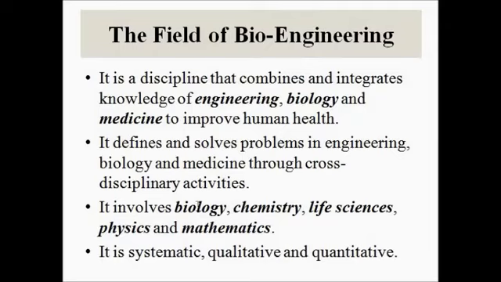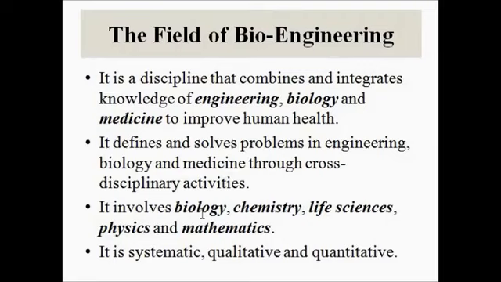Some concepts of biology will be utilized, some concepts of chemistry will be utilized where biochemistry comes into play, life sciences, physics and some mathematics. So it involves a little bit of everything. So the field of bioengineering has taken some chunk from each and every basic discipline.